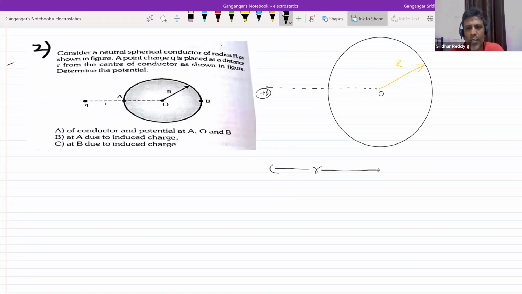So what will this point charge do? It will induce charge, no? Induced charge, let me show by that color.